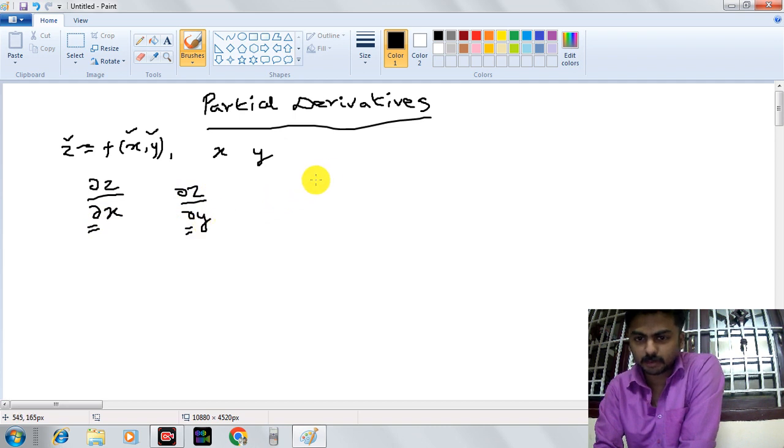Suppose z is a function of x alone, then we will have dz by dx, because z is a function of x alone, so it can be differentiated with respect to x alone, so we can use d. So this d is the differential operator, whereas this dou is the partial differential operator.